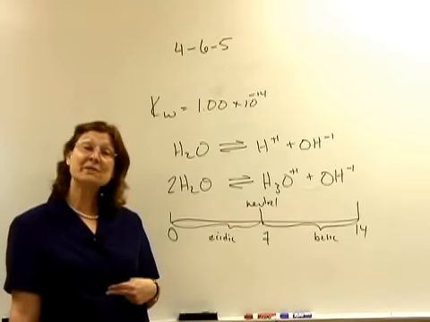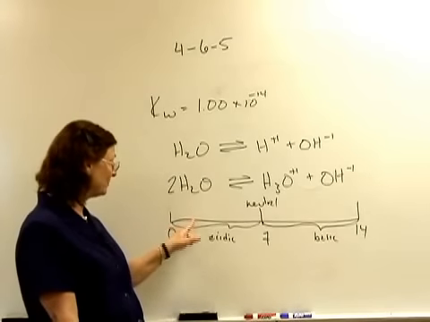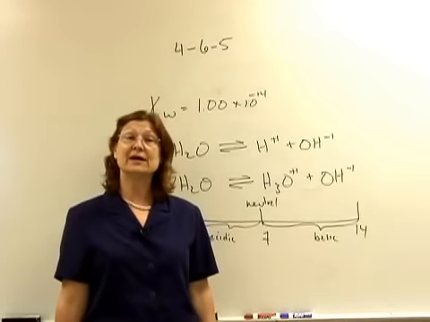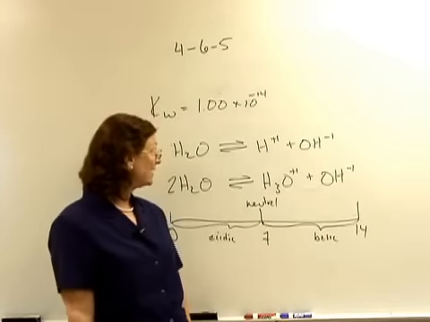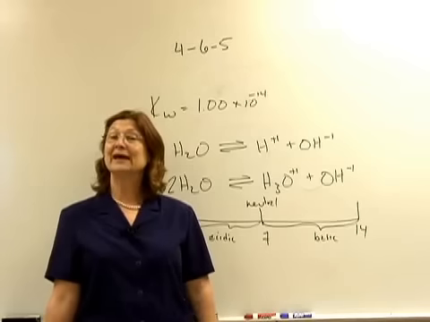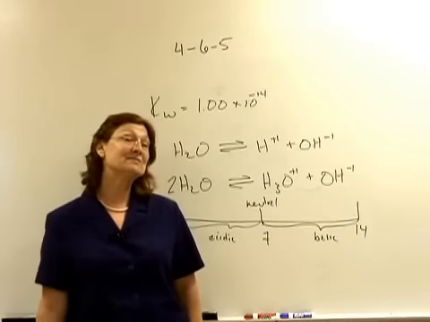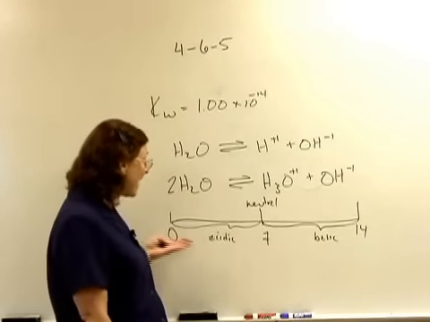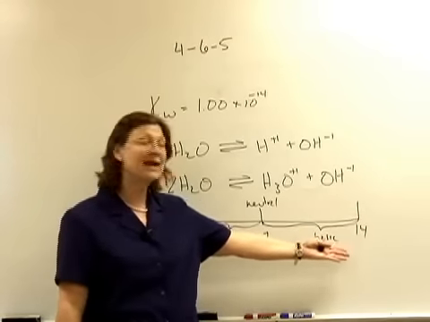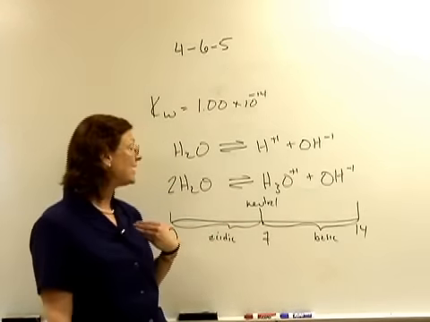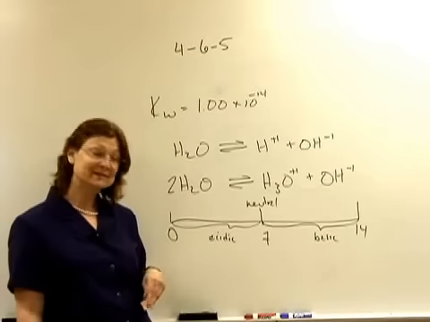Hydrochloric acid is in your stomach, and it's way down here. Basic things are things like milk and soap and Tums and antacids that we use to settle down those acids sometimes in our stomach. Well, we have this scale, and we use this scale as a very simplified way of looking at acids and bases.